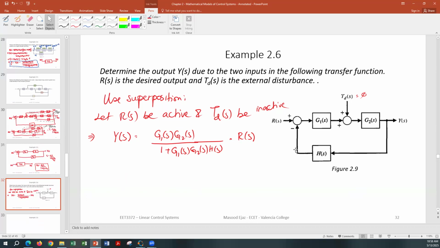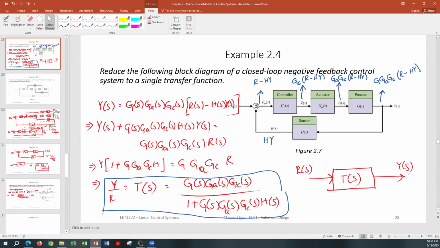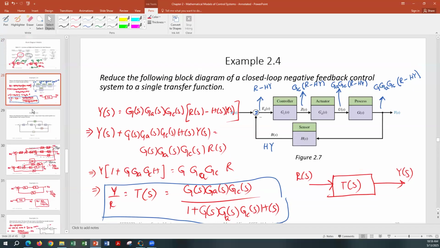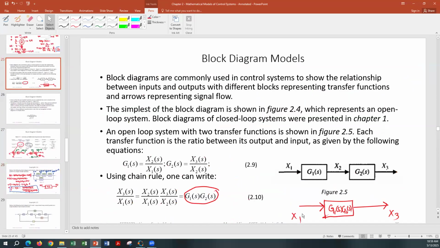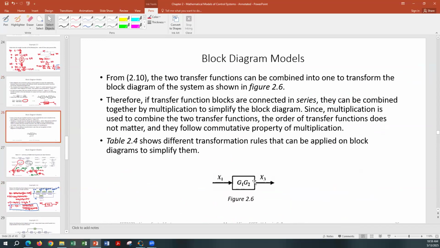Why we multiplied it? Let's go back here. Y is equal to this whole thing times R. Y is equal to this over this. So R is being multiplied by, remember, when we discussed the block diagram, X1, X3.